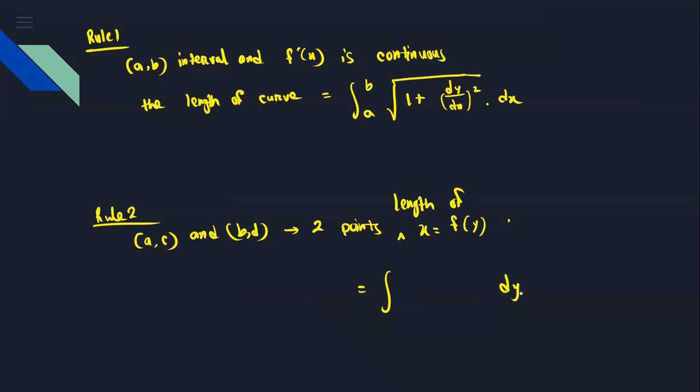So let's write dy, and the interval of y will be c to d, and the formula will look the same, root over 1 plus (dx/dy) whole square. So this is our other rule.